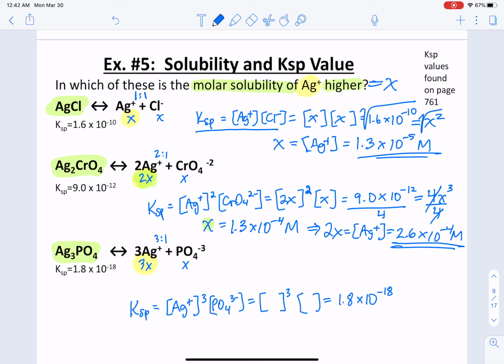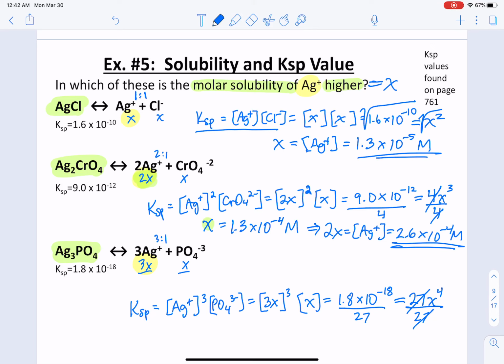In the last example, the concentration of silver ions is 3x and the concentration of phosphate ions is just x. So when I simplify this in terms of x, 3x cubed is 27x cubed, times x will be 27 times x to the 4th. Then to simplify that, divide both sides by 27.